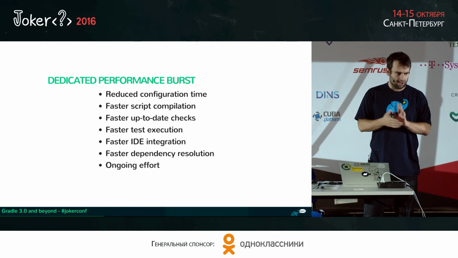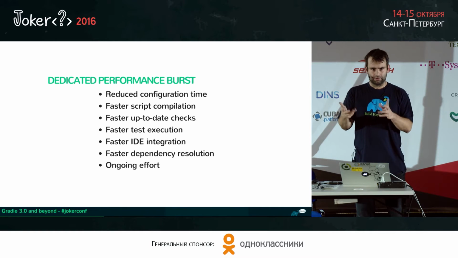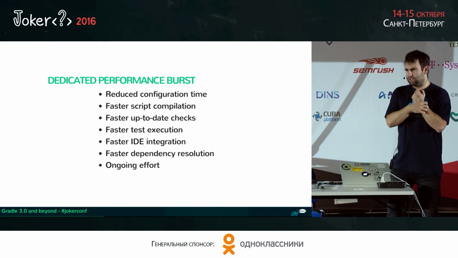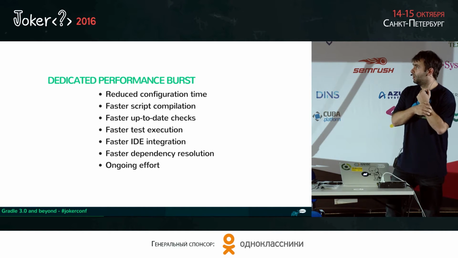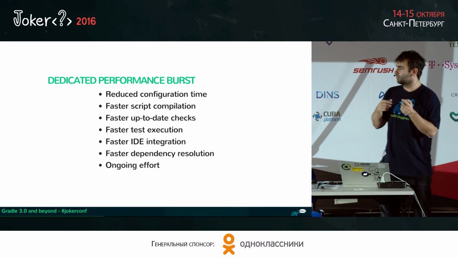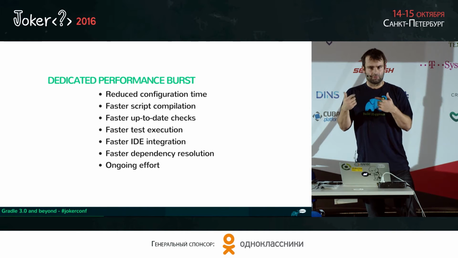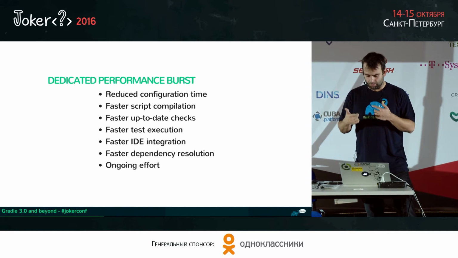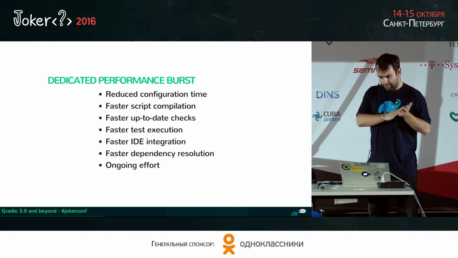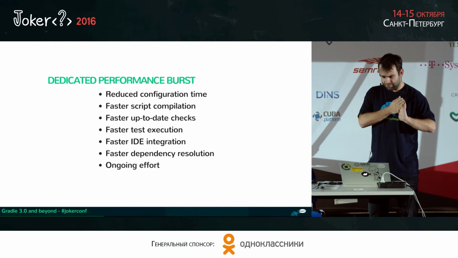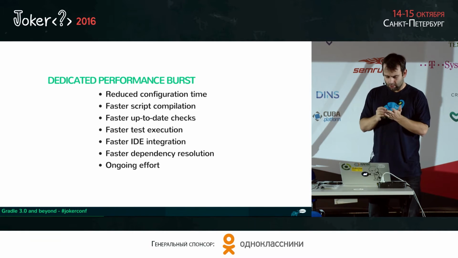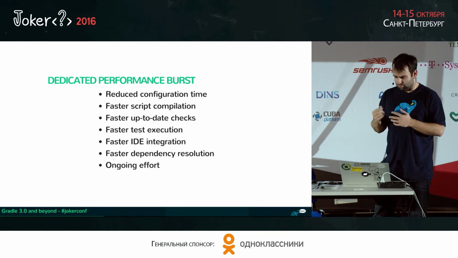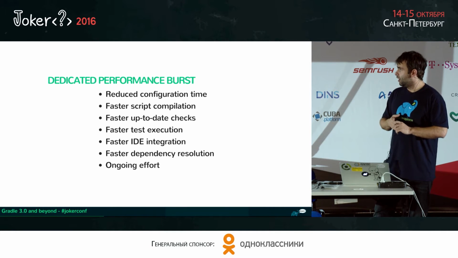Another thing for bigger builds, usually not for a simple library, but for example, LinkedIn has builds with more than 4,000 submodules, and they have about 4,000 build scripts. There is some compilation of those build scripts going on because it's Groovy. We did caching up front, but now we optimize the compilation. We improved the up-to-date checks. Later on, I talk a bit more in detail about that stuff.